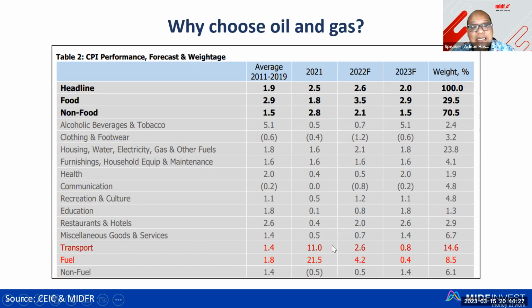Transport rose by about 11% and fuel rose by about 21.5%. And during this time, there was a conflict between Russia and Ukraine. So with the printing of money and the conflict between Russia and Ukraine, we could see many things actually getting more expensive.